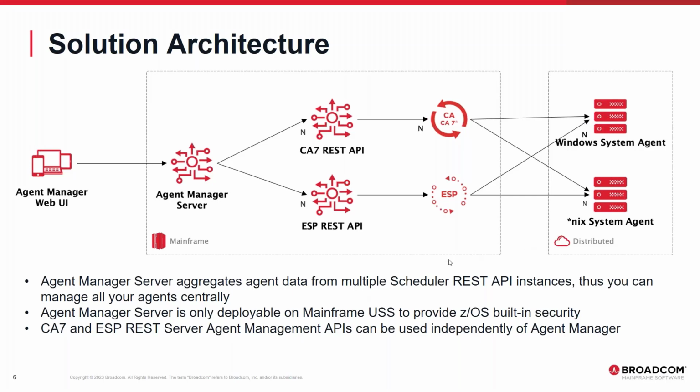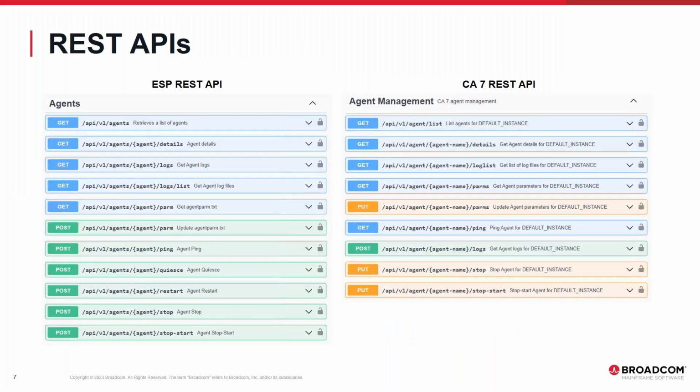What might be interesting in this picture is that the Agent Manager is leveraging the REST APIs of the given schedulers, which means that new endpoints were introduced on these REST APIs.